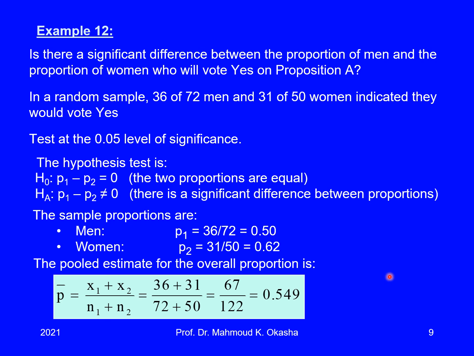If the two proportions are equal, then we can add the two samples together and calculate the pooled P. So the men who vote yes in the first sample and the women who vote yes in the second sample, over the two sample sizes, which comes to 0.549, right?